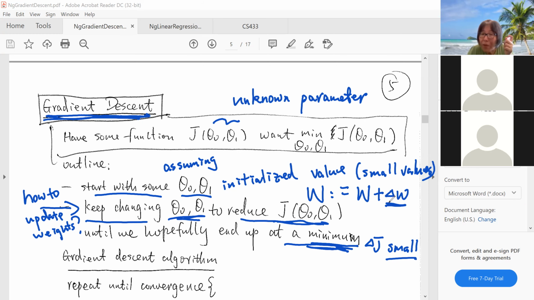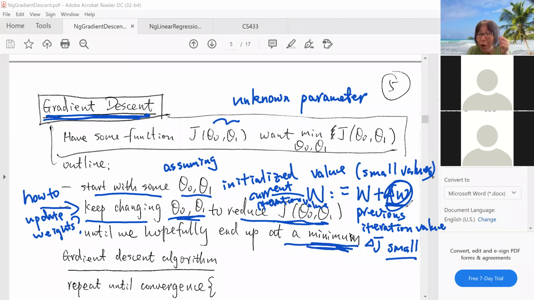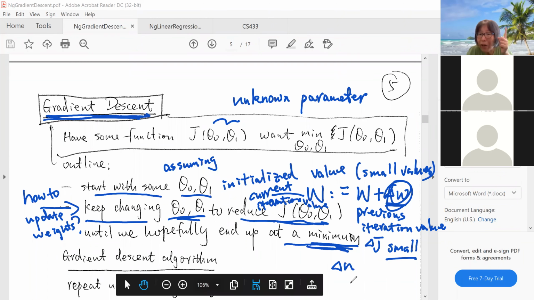Whenever you update, this is the updated value, this is the previous iteration value, and this is the current iteration value. So the goal is to find this delta W.